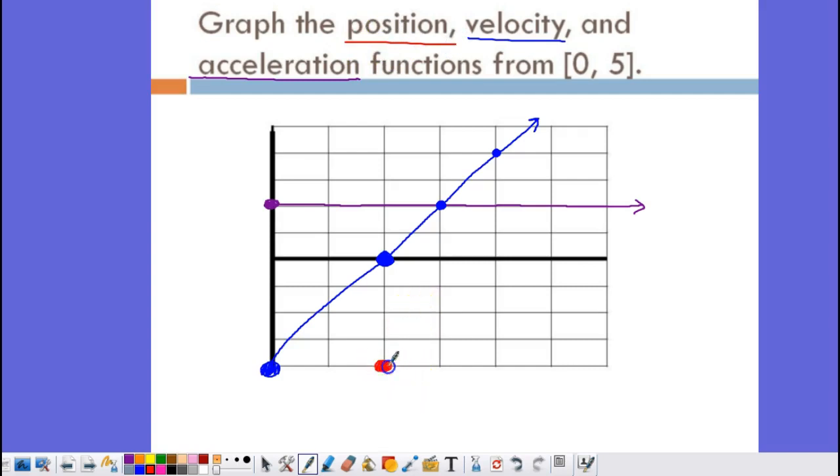Were we given a y-intercept? What's the y-intercept of a quadratic? 3, because it's the plus c value at the end of the quadratic in standard form. Are you talking about displacement or position? Position.